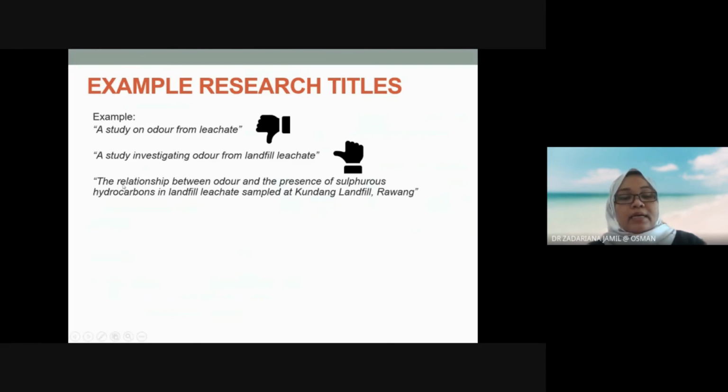It has phrases showing what they want to focus on, which is the relationship between odor and the presence of sulfurous hydrocarbons, and it also states the study location, which landfill they want to study. So these are the complete elements of a good research title.